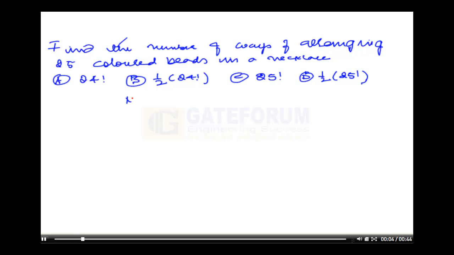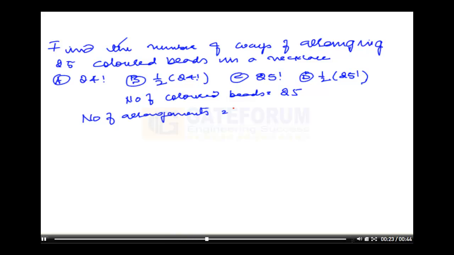We are given the number of colored beads equivalent to 25. If they are the same color, then the number of arrangements would be 24 factorial by 2.